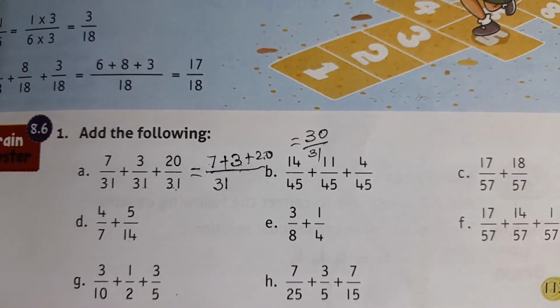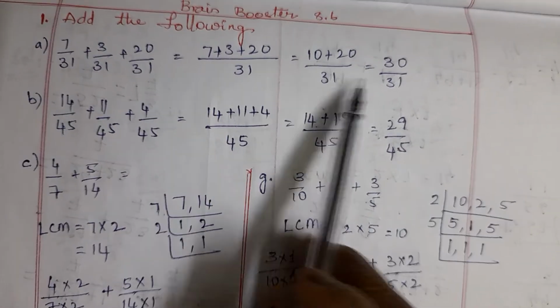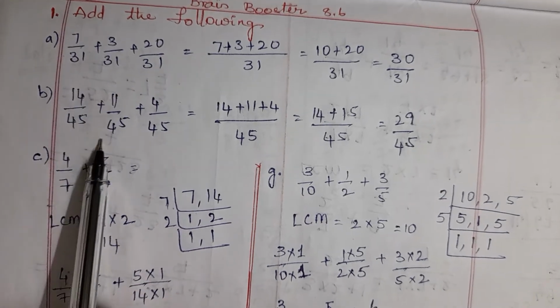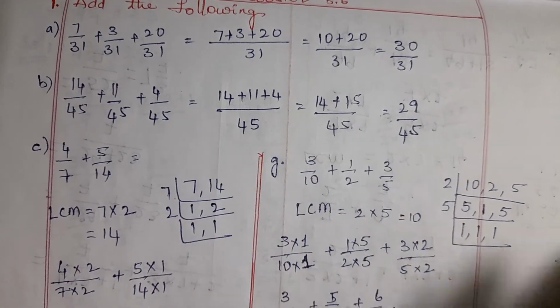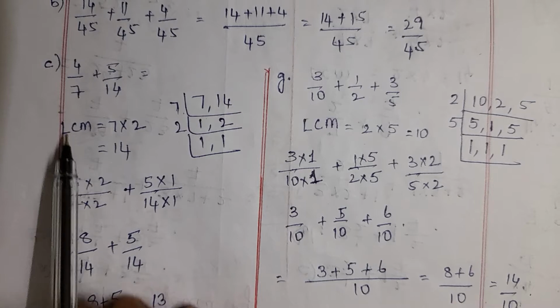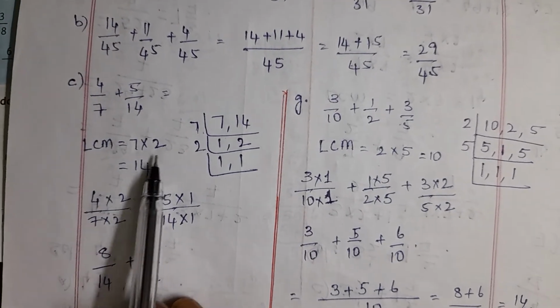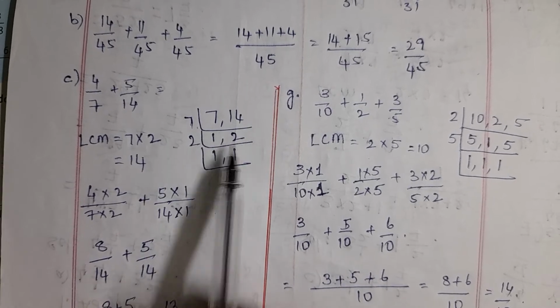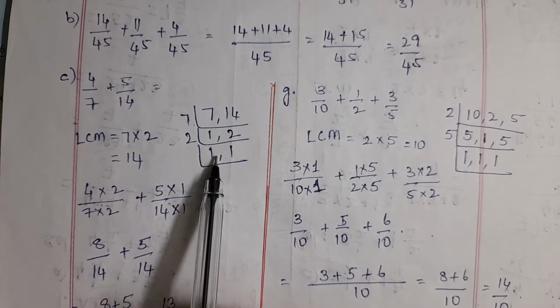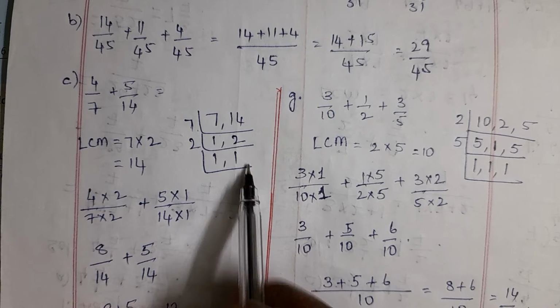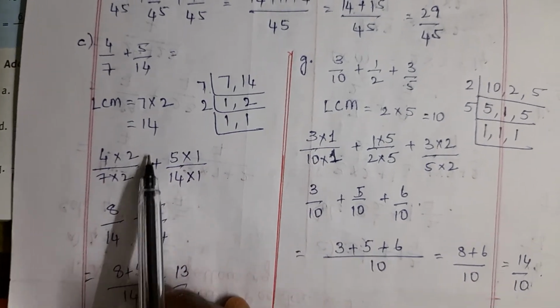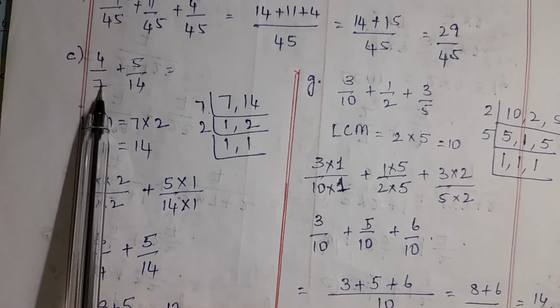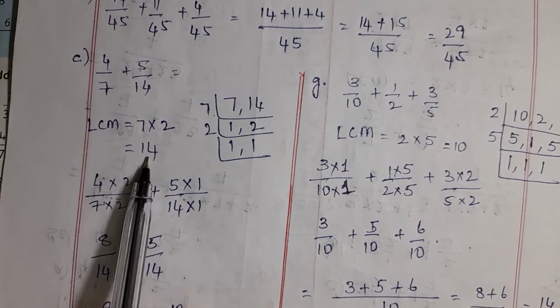We will see. See children, when it is like fractions, directly we have done addition. Now if it is unlike fractions, take LCM. 7 and 14. 7 ones are 7, 7 twos are 14. So 2 finally, 1 and 7 twos are 14 is our LCM. So we should make both the denominators 14.